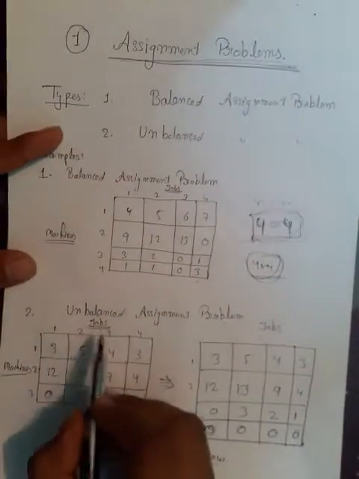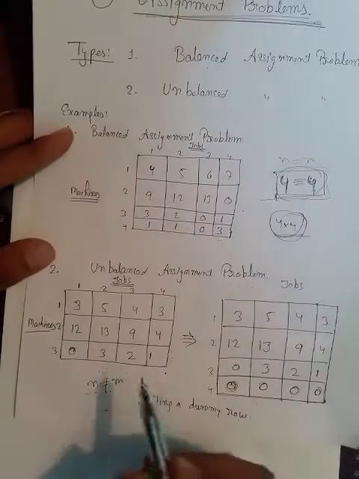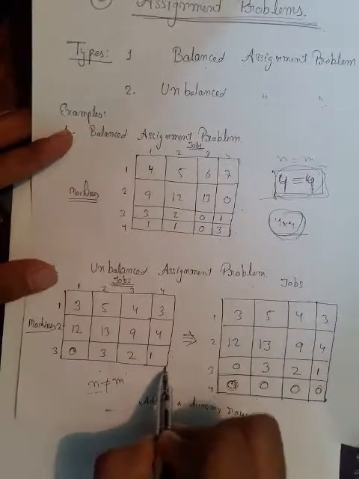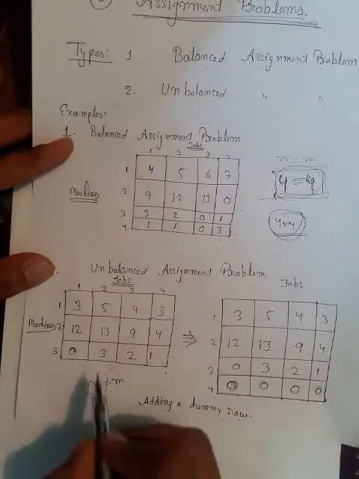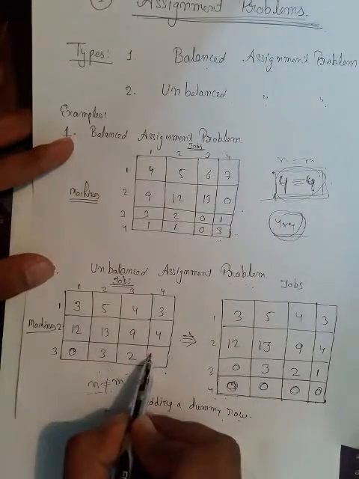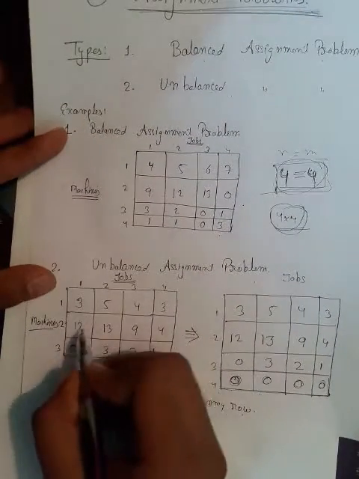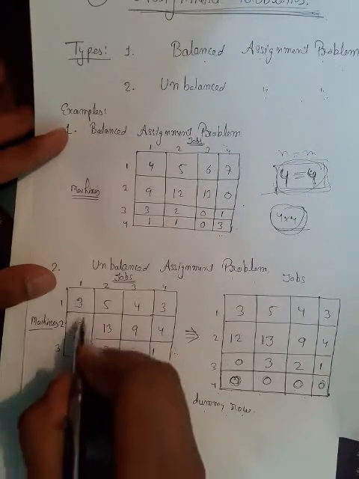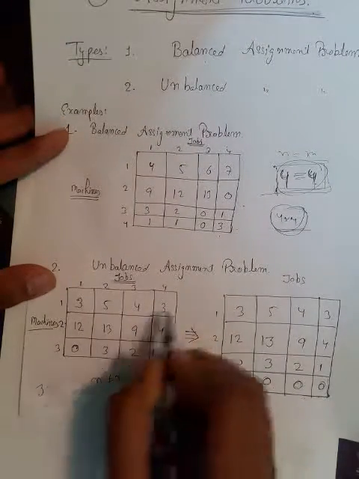Now second type is unbalanced assignment problems. In the unbalanced assignment problem, the matrix given in a problem is not in the form of a square, because the number of rows is not equal to the number of columns. Here you can see easily that the number of rows is 3 and the number of columns is 4.